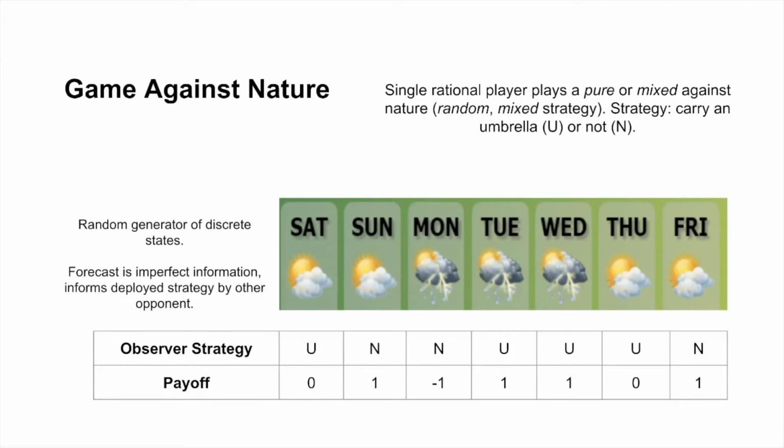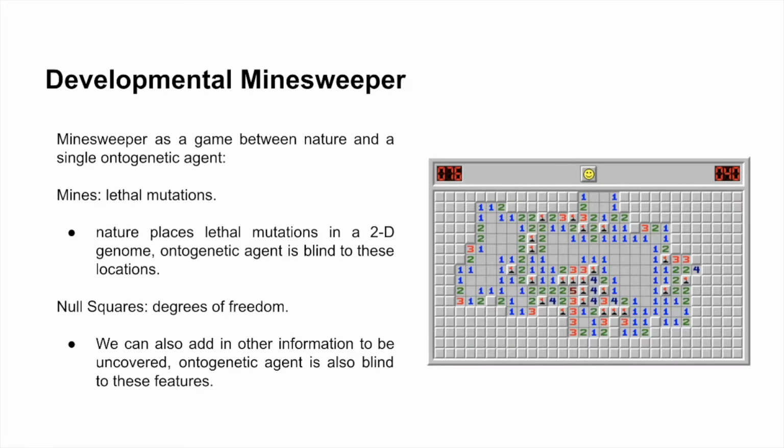So you can see that there's this case where you don't have an umbrella, you get a -1 payoff because you get soaked. In the case where you do have an umbrella and it rains, you get 1. So this has a nice connection with something like reinforcement learning because it does reward the agent with every correct guess of what nature is going to generate. And so just keep that in mind for right now, and then think about that in terms of the game against nature.